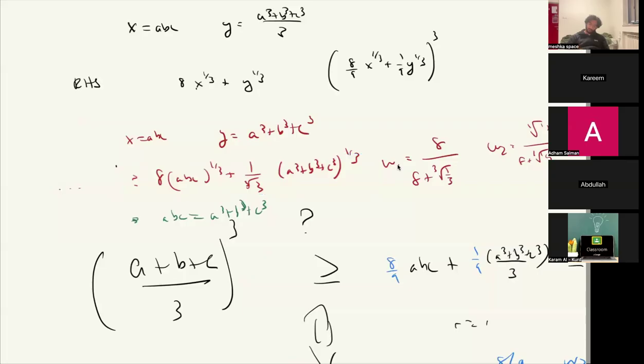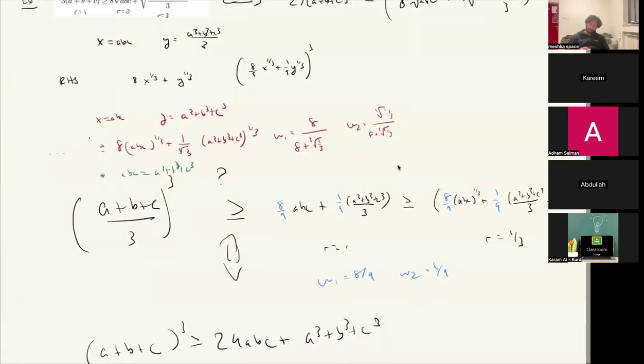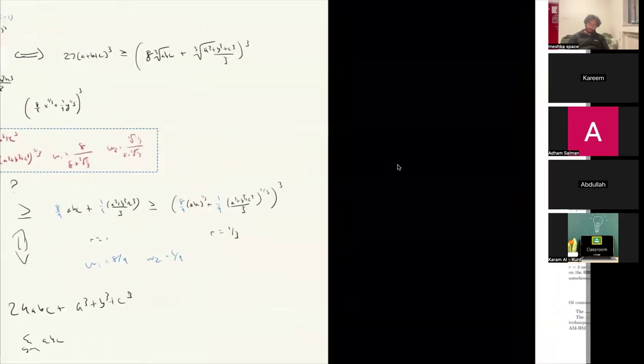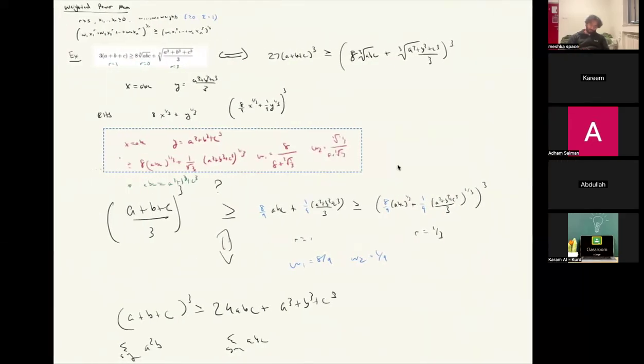So let's do it. Let me copy this over. Okay, I copy this maybe to another page or something.